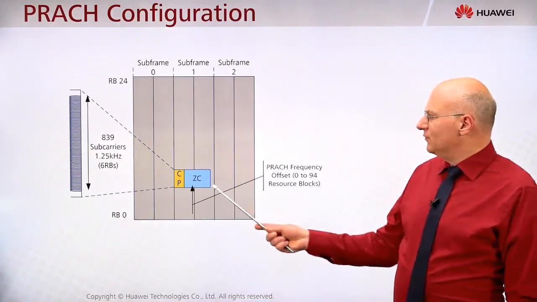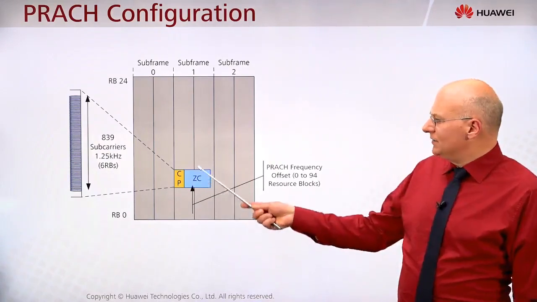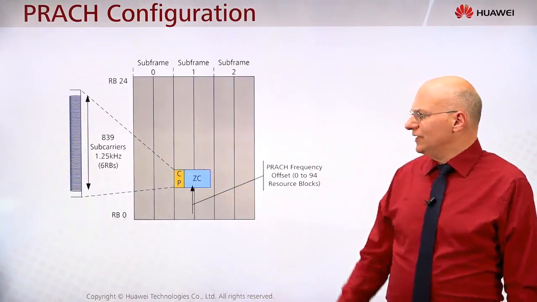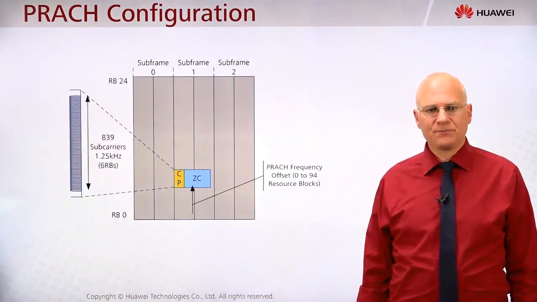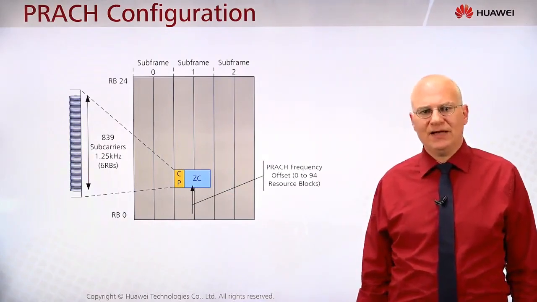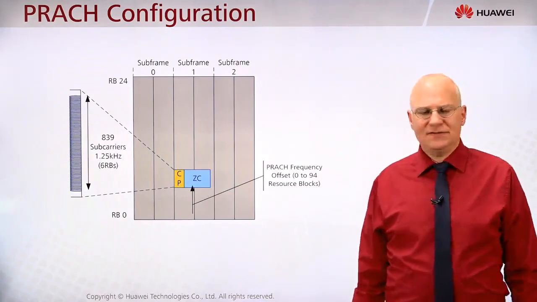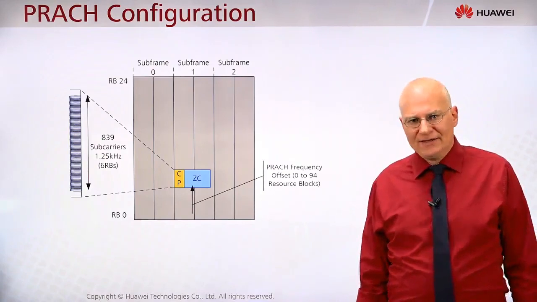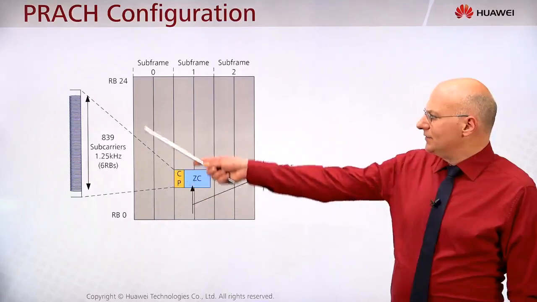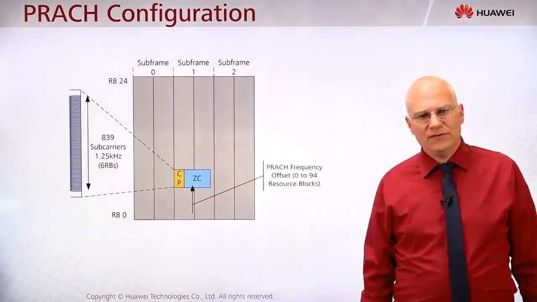Here we see the configuration with format 0. It fits in one subframe, and the sequence length of the random access channel is 839 symbols, on 839 subcarriers, and in this sequence a preamble is coded.